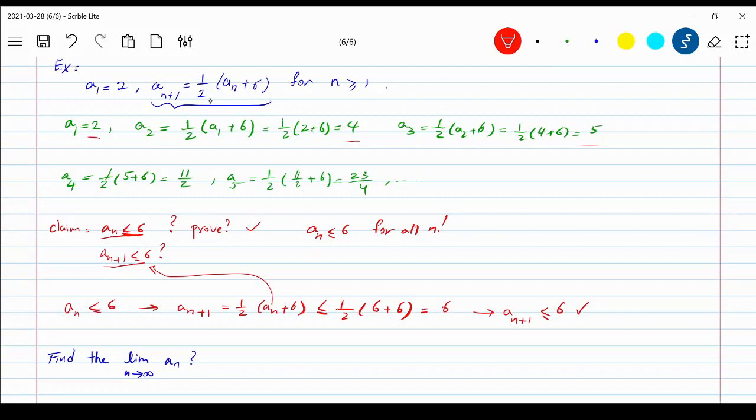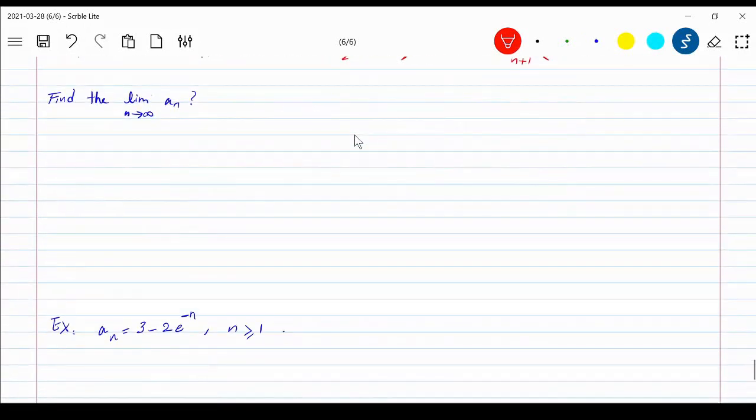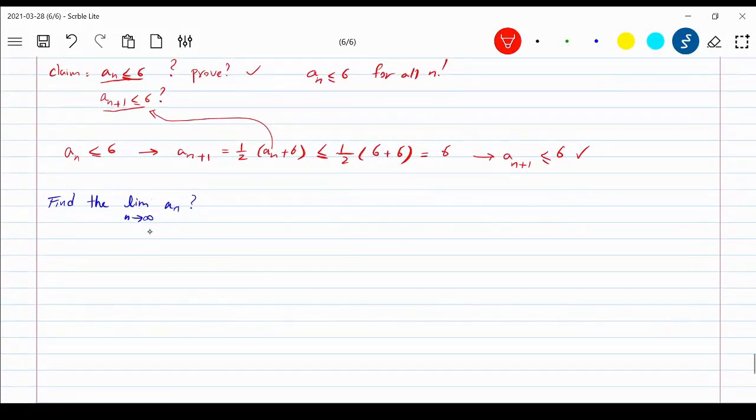In these cases, when you're dealing with a limit for a recurrence relation, what you should think of is: if n approaches infinity and a_n approaches L, what happens to a_{n+1} as n approaches infinity? What do you expect?